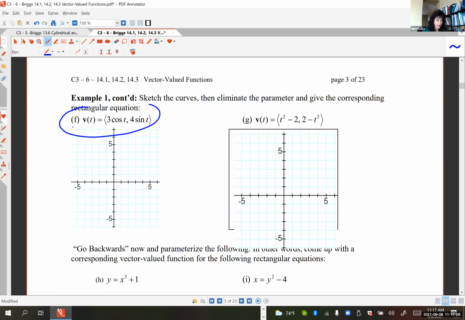So if you have your graphing calculator here, and I'm going to start going kind of quick, how would you graph those and eliminate parameters?